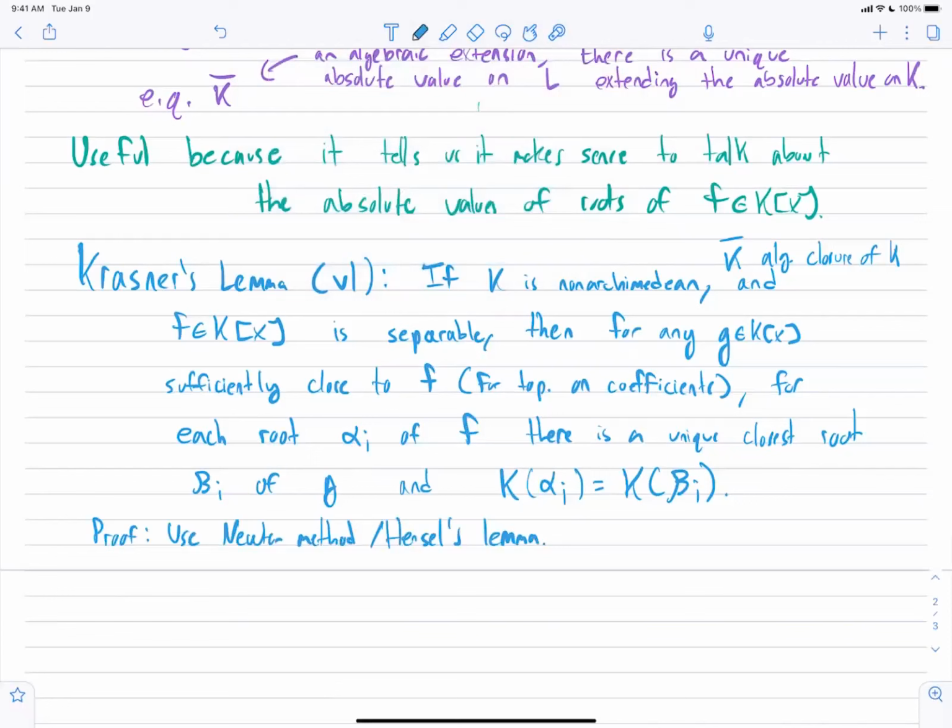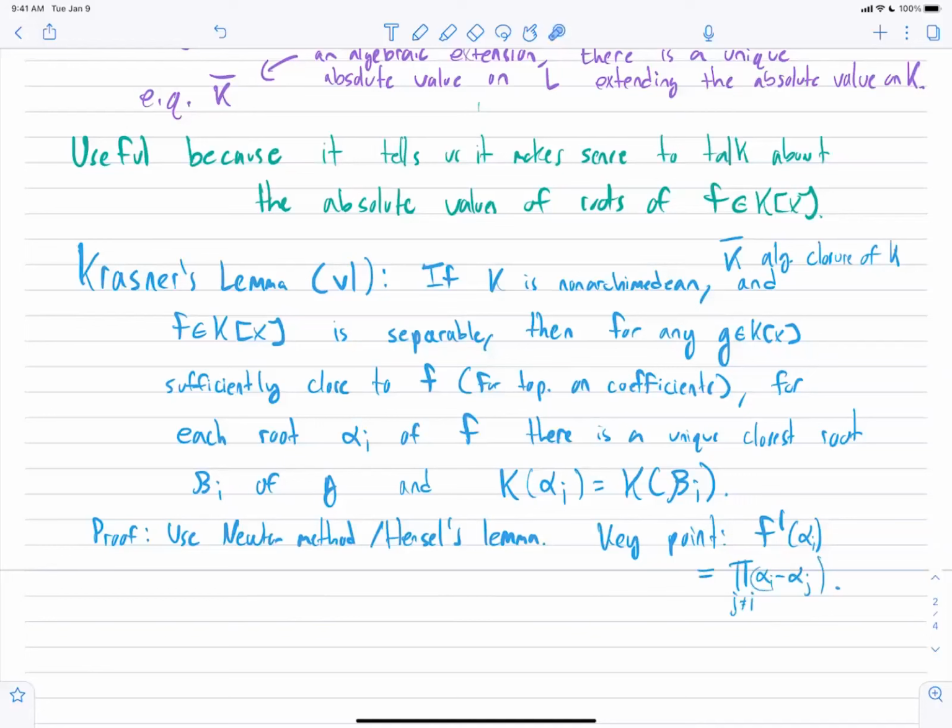You could start with F, and the key point is, if you look at F prime of alpha, so if alpha is a root, then F prime of alpha_i is the product of alpha_i minus alpha_j. That's a simple exercise on differentiation if you haven't done this.